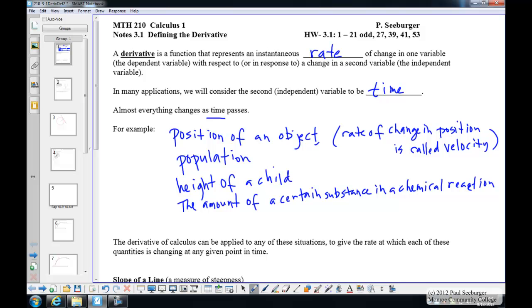Here's one that didn't happen too much this summer, but does all the time, at least to some degree. The length of the grass in our yard. Another one would be the return on an investment.